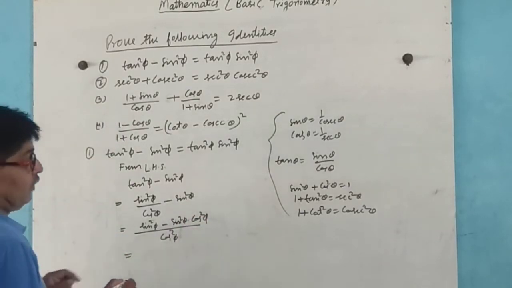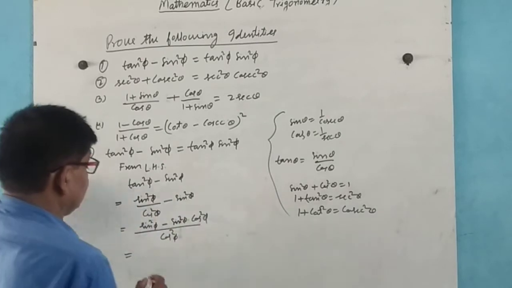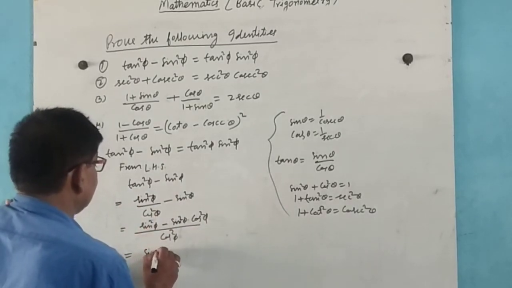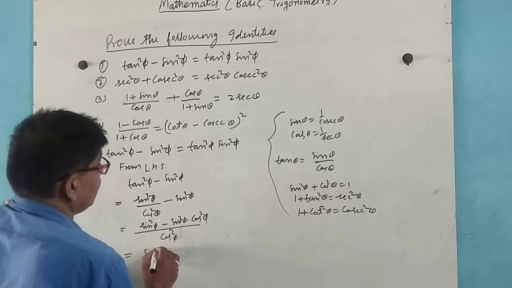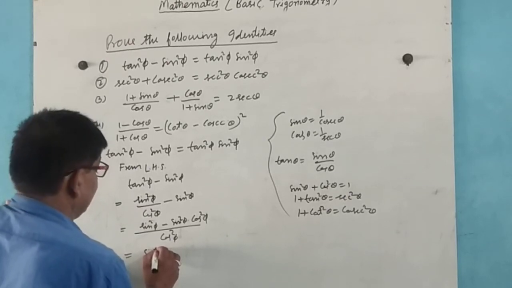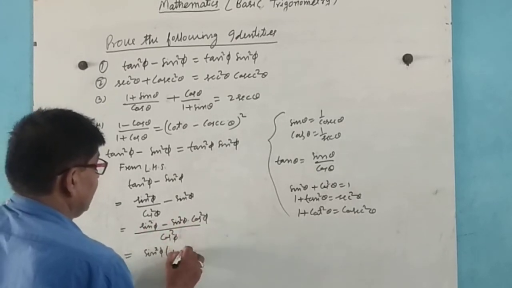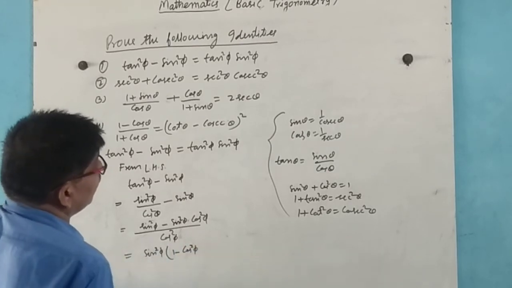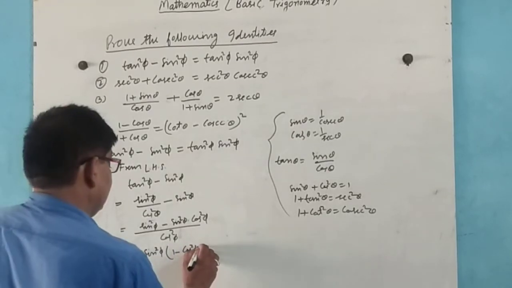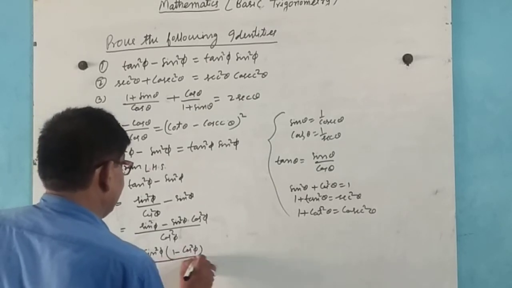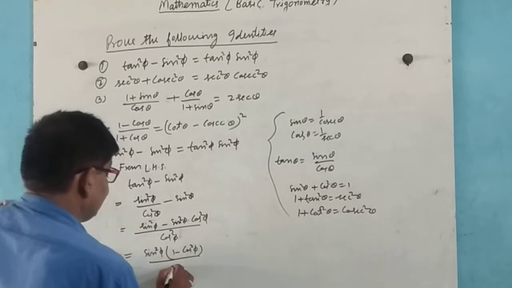We take this sin square phi common, sin square phi, here 1 minus cos square phi, that is divided by cos square phi.